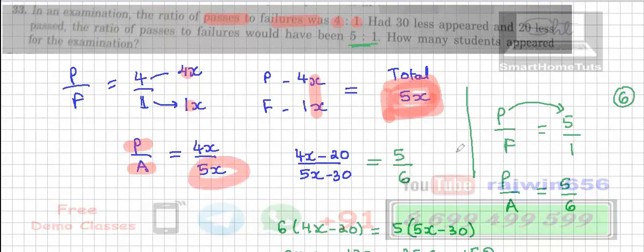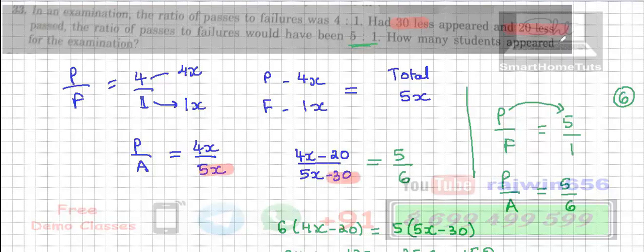So this part is going to become 5x and passes are going to be 4x. Now I'm applying the second condition, 30 less appeared. So appeared is this minus 30. 20 less pass. Pass were 4x. So this is minus 20. The new ratio of pass to fail is becoming 5:1.